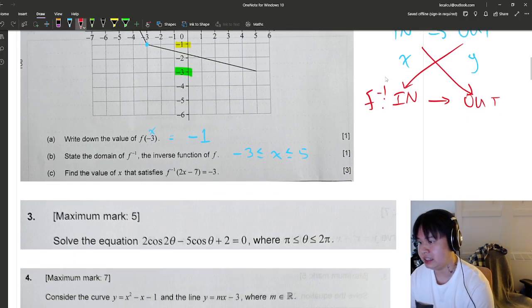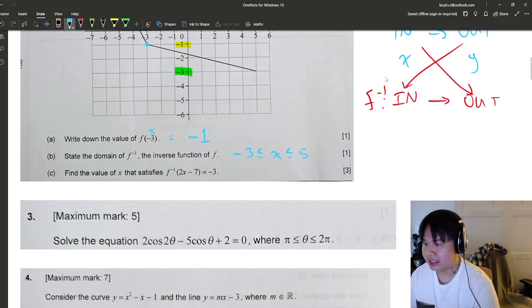So what this is saying is that this is the original input, this is the original output, otherwise known as the x and the y.